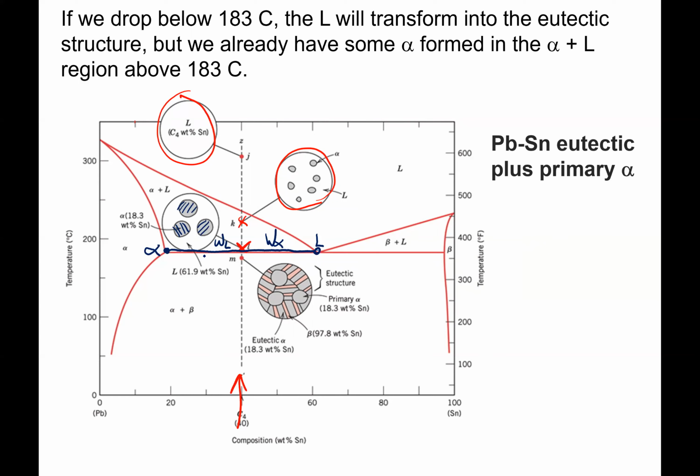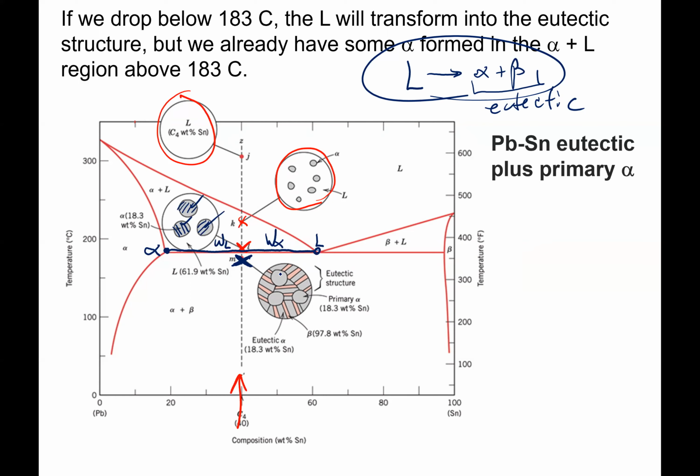Now, in the eutectic case, remember, my liquid, when it goes into this alpha beta region in this layered structure, this is what's forming my eutectic. This is my eutectic reaction. So when I drop below 183 degrees, say this point M here, I still have my alpha that I formed previously.